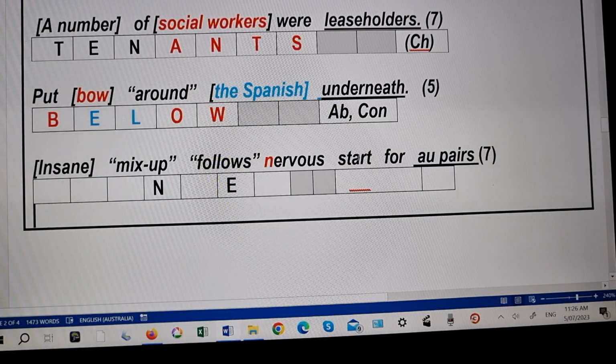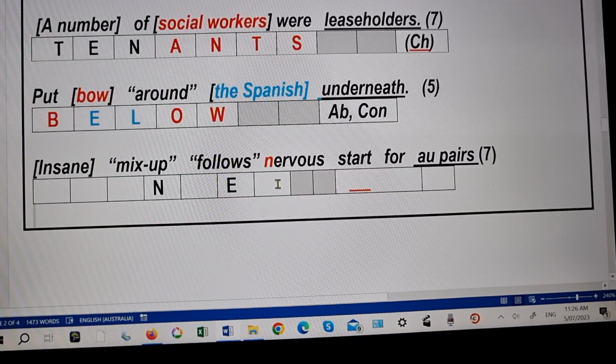That to me is an acronym, or first if you like. First letter, N. Yeah, no, it could also have been a fodder, nervous start. But I think it's only going to be the N, which is the start of nervous. I mean, I could be wrong, but that's what I think. So insane, and half the reason for that is it's only 7 letters, and insane has got 6. We need one more letter. And I think that's going to be your N. That's what I'm thinking.